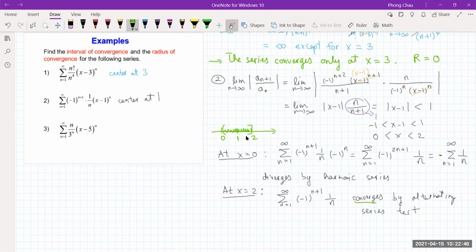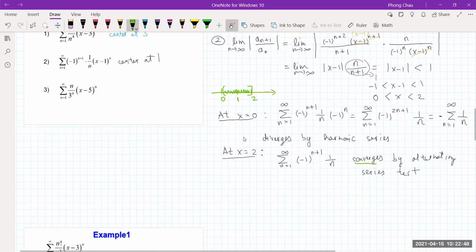So our final conclusion is the interval of convergence I is between 0 and 2, including the 2, and the radius of convergence is what? The distance from here to here is precisely 1.